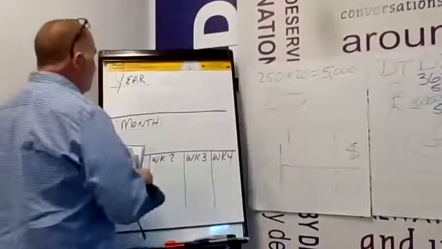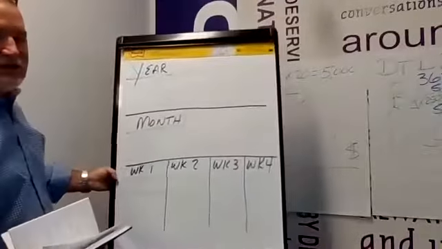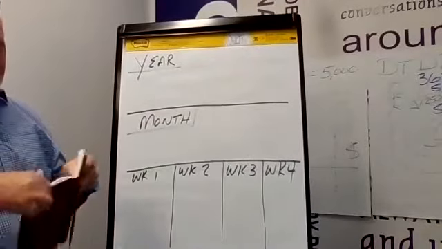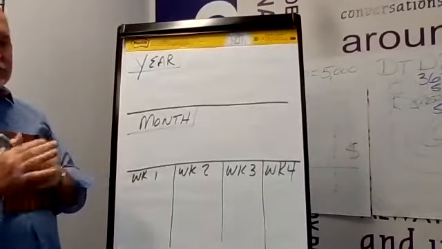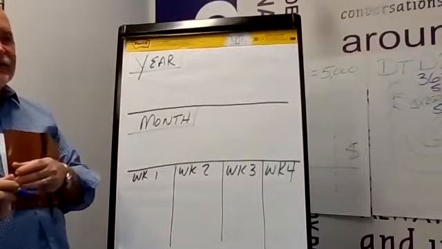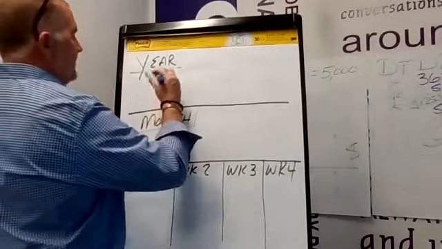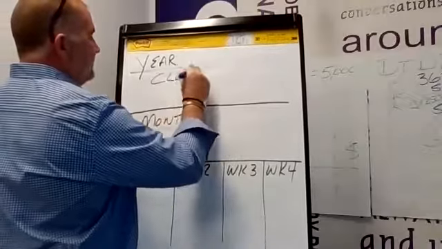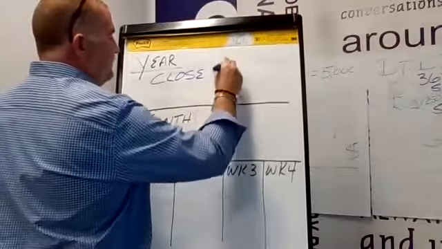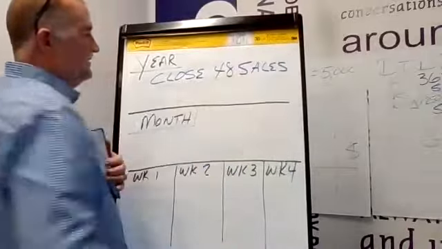All right, so I'm going to start with the year. When I'm creating a 411, my question is, what are my goals for the year? I'm going to give you 3 simple goals that I would use if I were creating a 411 for 2022. Let's start with, I want to close 48 sales.